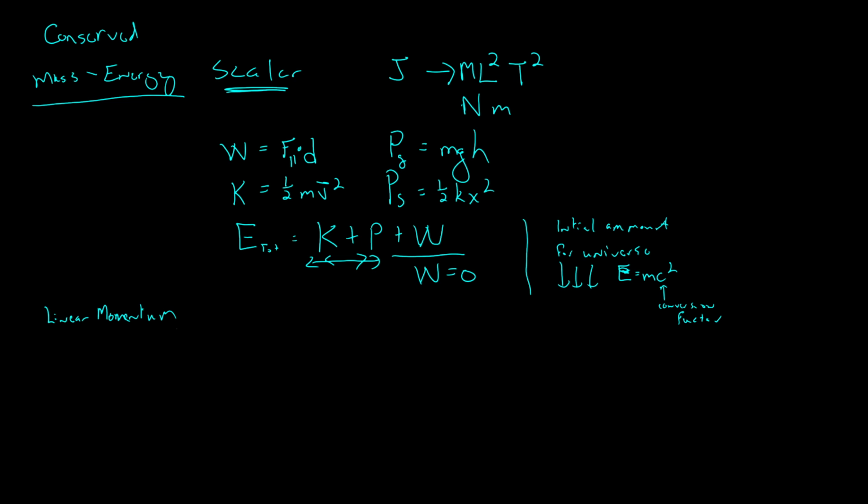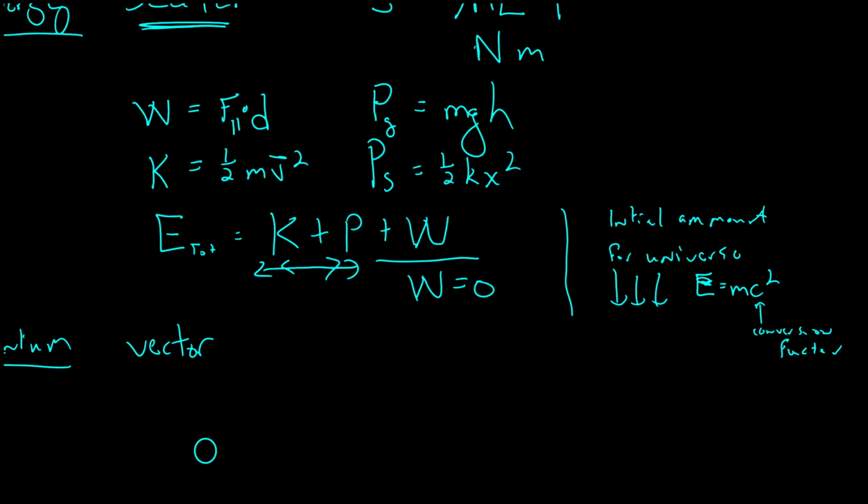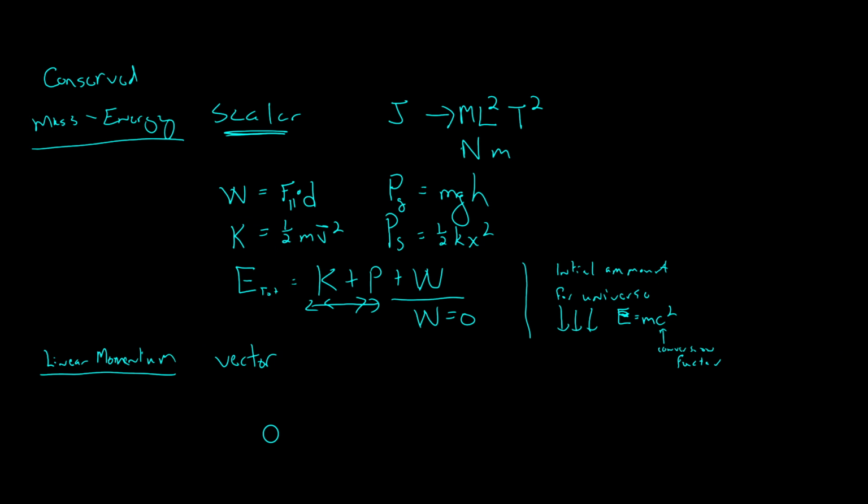And linear momentum is a vector quantity. It's best exemplified usually by billiard balls, billiards, pool.